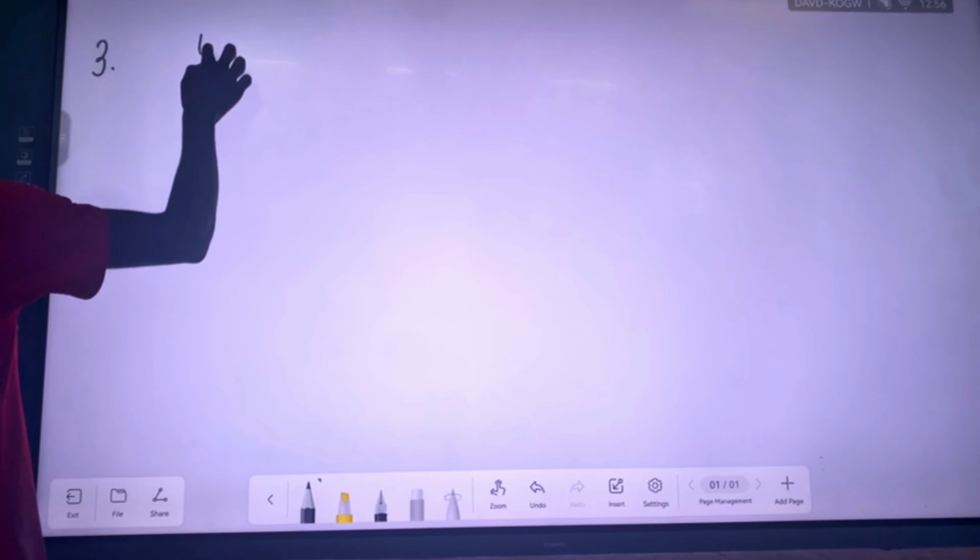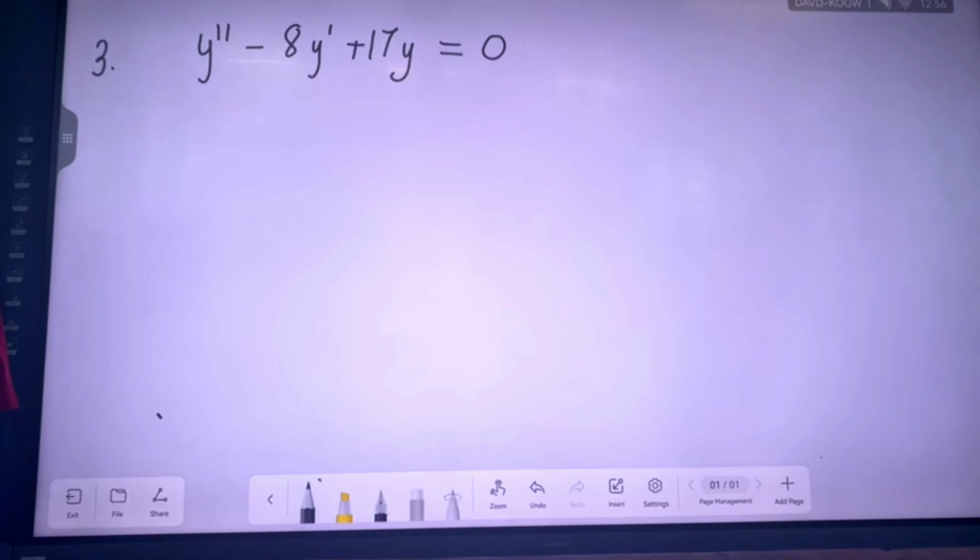So this one was one of the questions that came out. It's not guaranteed that it will come out, but make sure you check them. Double roots.